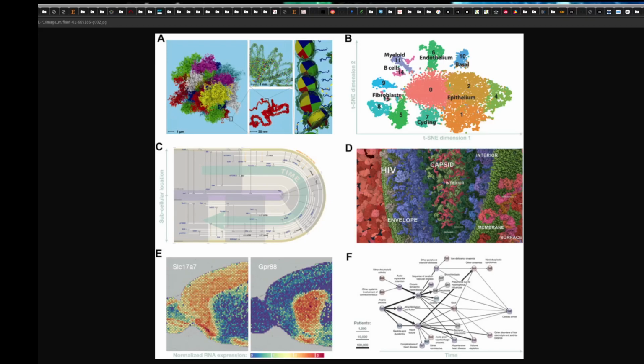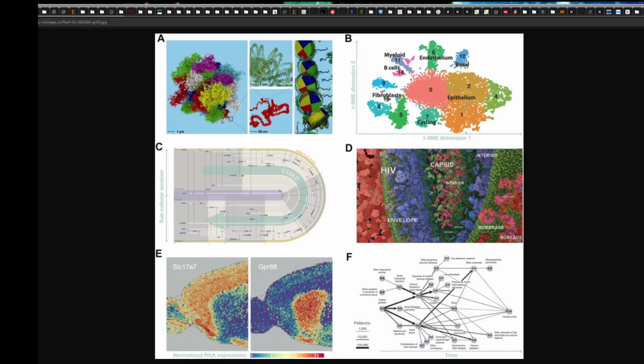Letunic, I., and Bork, P., 2019. Interactive Tree of Life (iTOL) v4: Recent Updates and New Developments. Nucleic Acids Res. 47, W256-W259. DOI 10.1093/nar/gkz239. PubMed Abstract, CrossRef Full Text, Google Scholar.